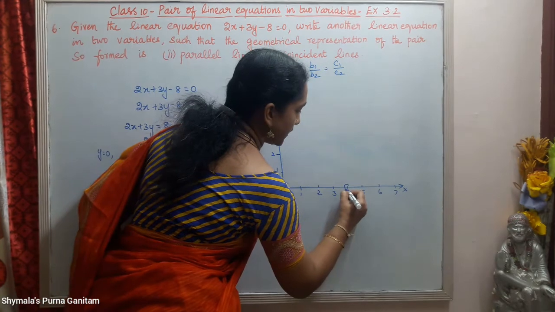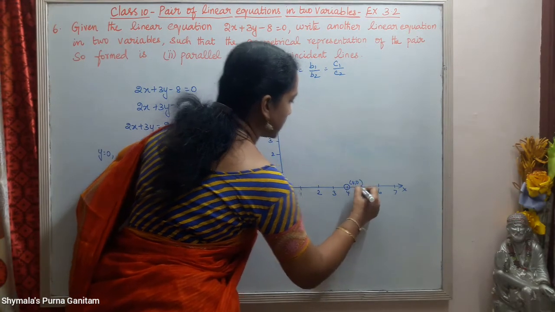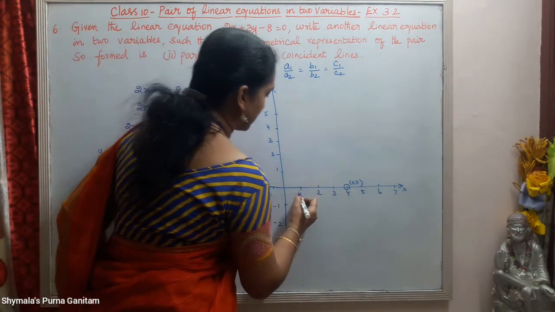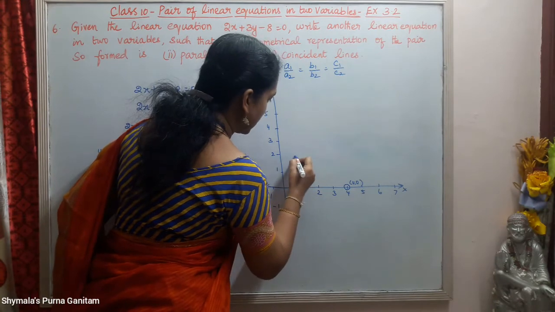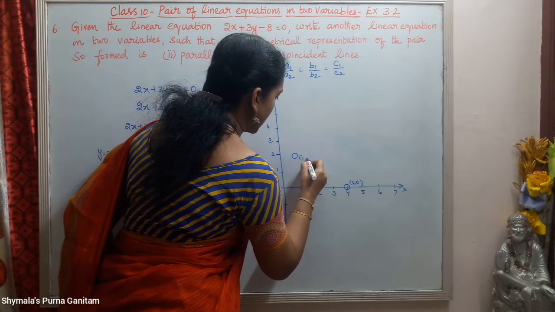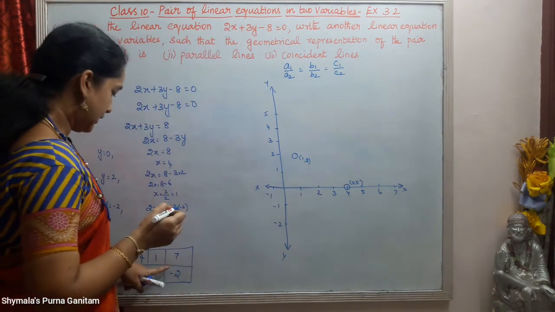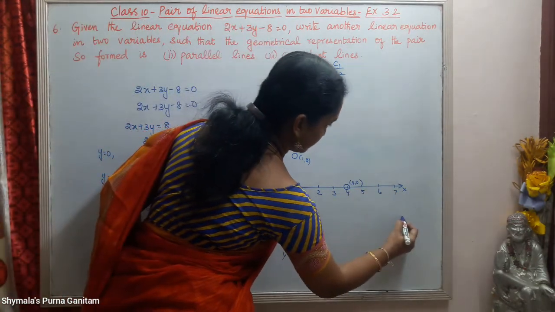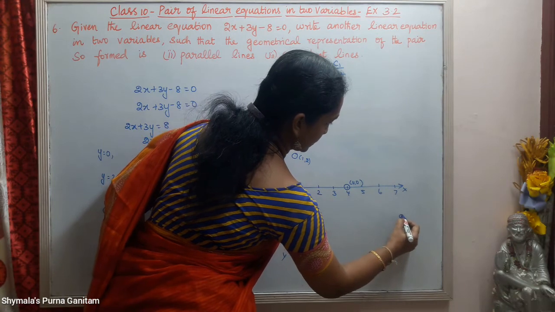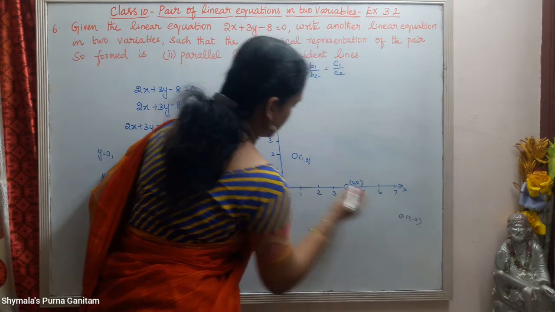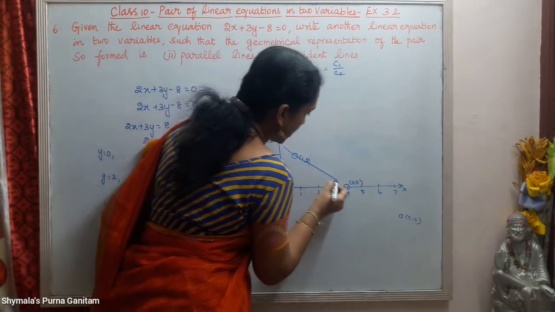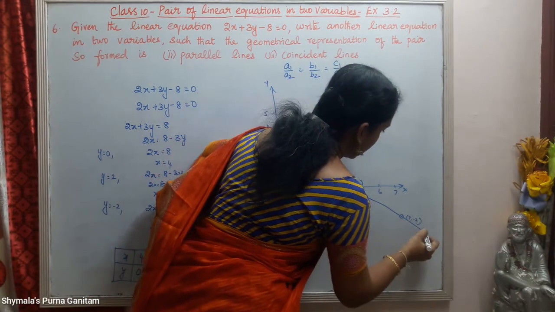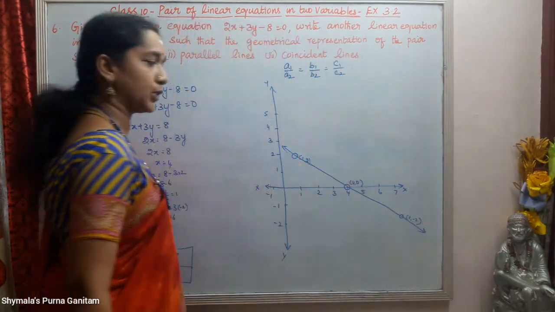Second point is 1, 2. Third point is 7, minus 2. So when I join this, I will get a straight line for them.